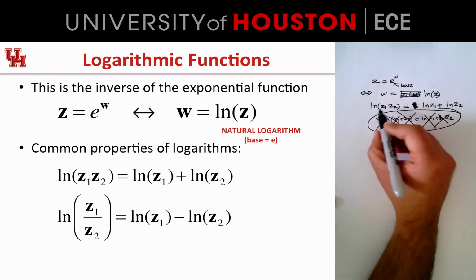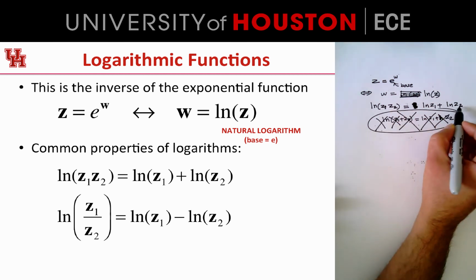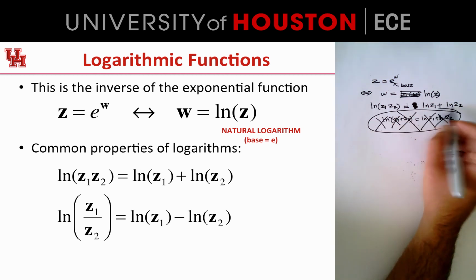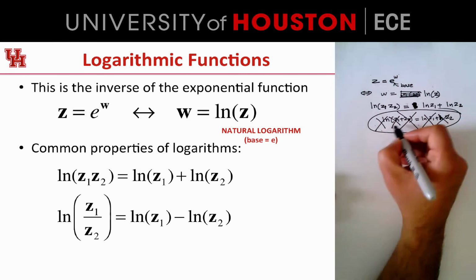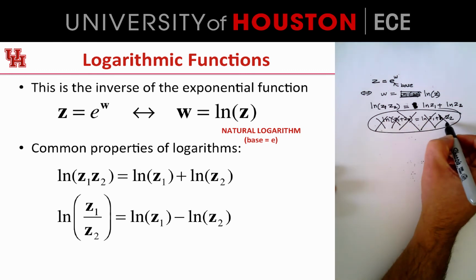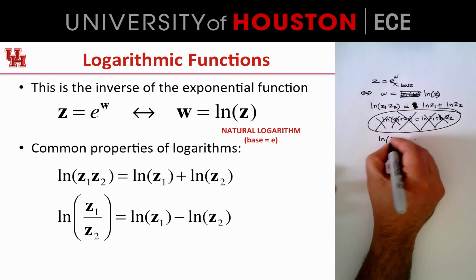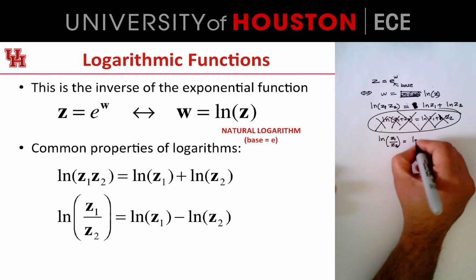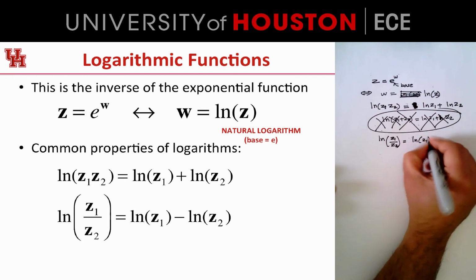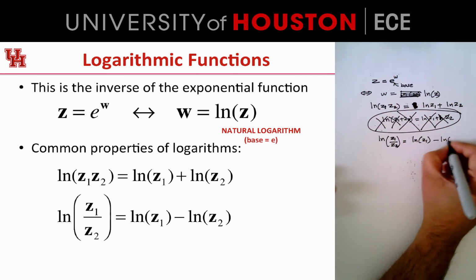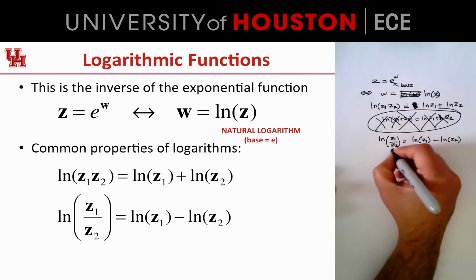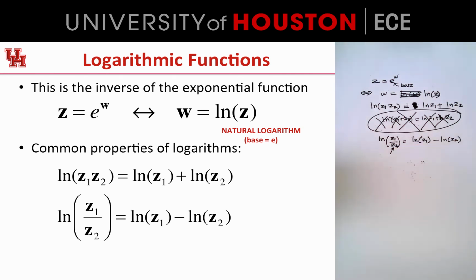The log of a product expands to the sum of two logs, but the log of a sum cannot get expanded in this manner. That property doesn't work. Similarly, the log of a ratio of two numbers, z1 over z2, is log of z1 minus log of z2. Of course, the usual caveat that we need to keep in mind is to make sure that z2 is not 0.